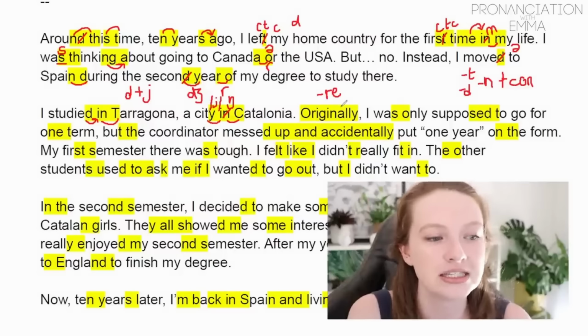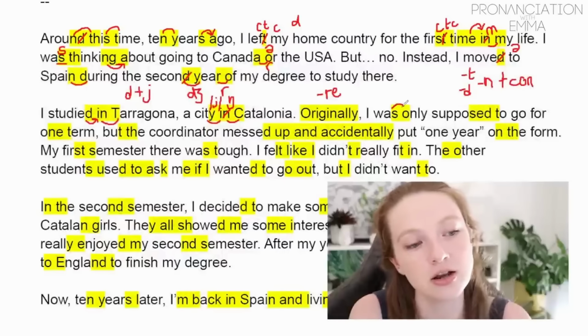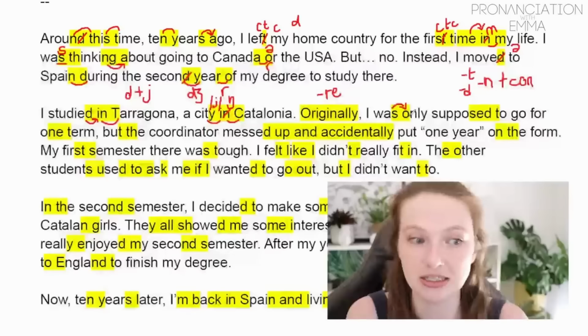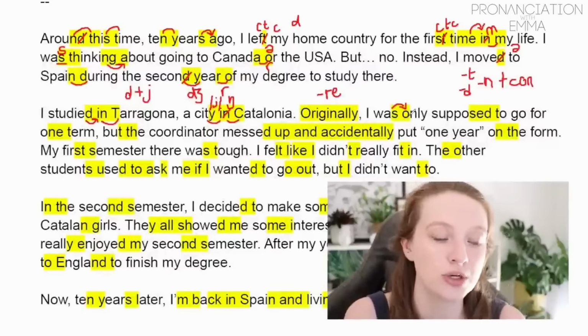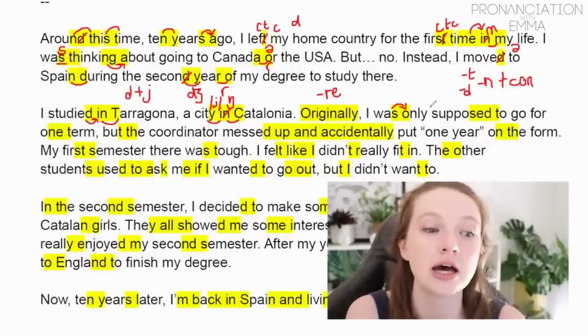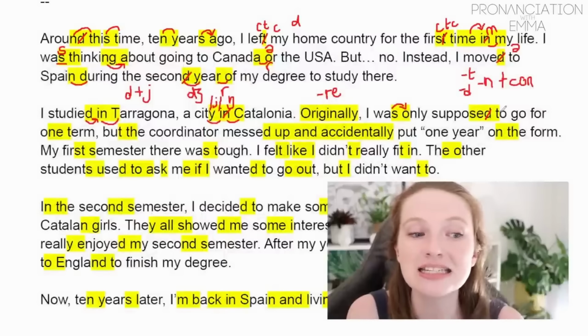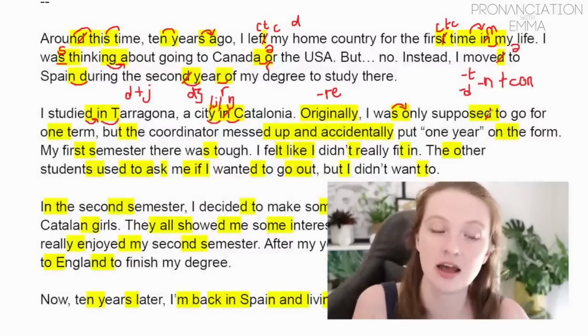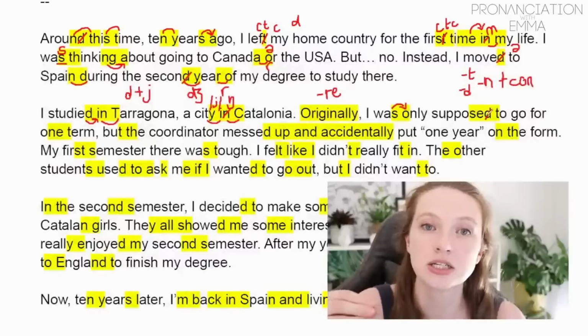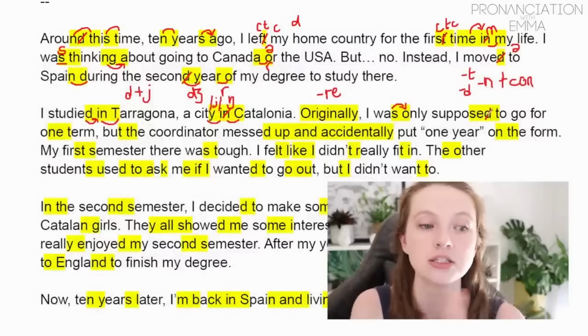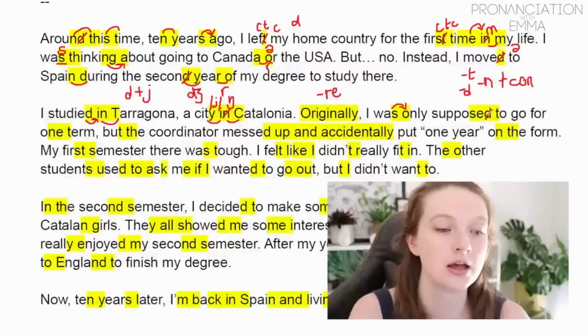I was only. Move that consonant over to the beginning of the next word because it starts with a vowel. I was only supposed to. Cut this because it's consonant T, consonant. Even though it's the letter D, it is the sound T. Supposed to, supposed to.